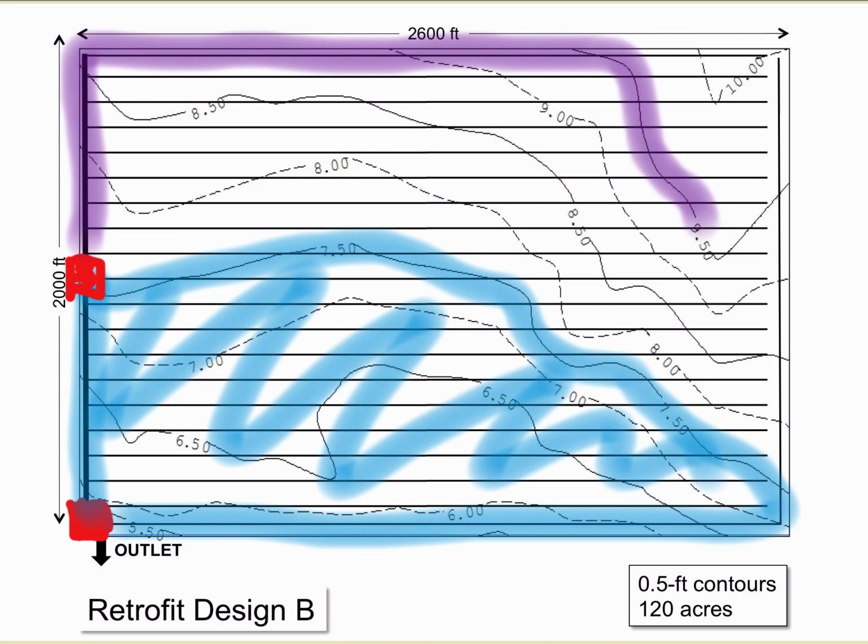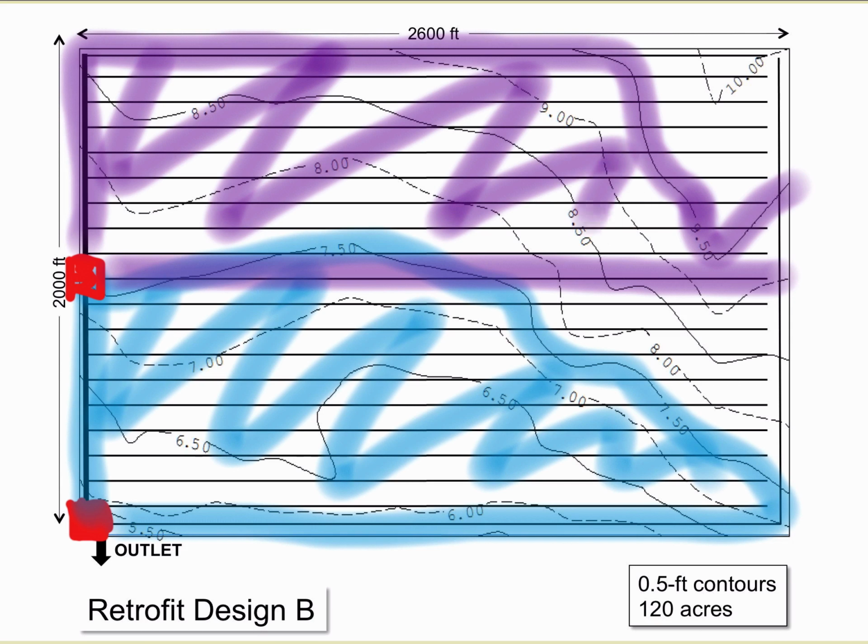But how far can I go? What can I shade in here? Actually, I can only go this far. Like this.